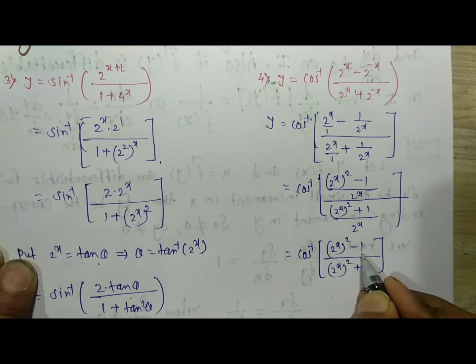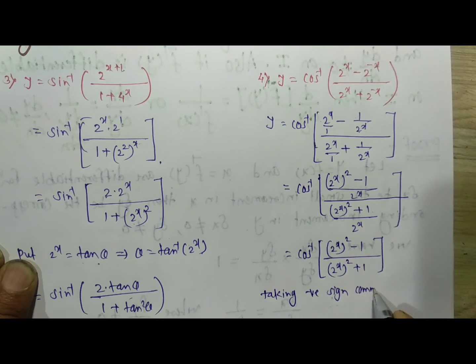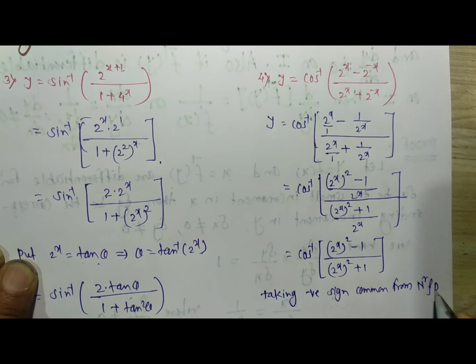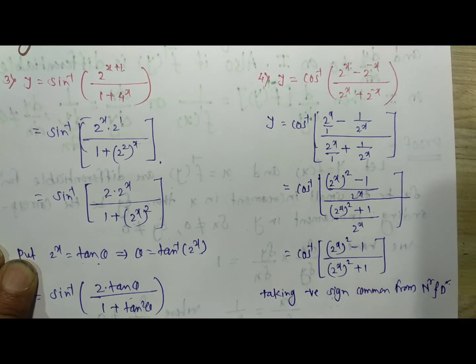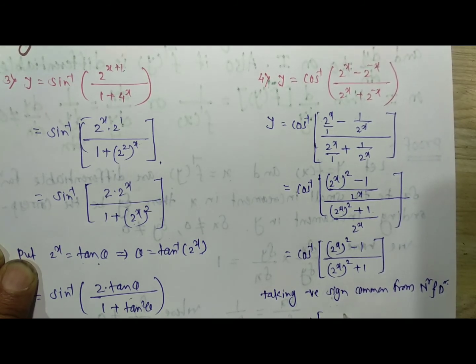And taking a negative sign common from numerator and denominator, we get the cos inverse inside the bracket minus, again inside the bracket, 1 minus 2 raised to x square divided by 1 plus 2 raised to x square.